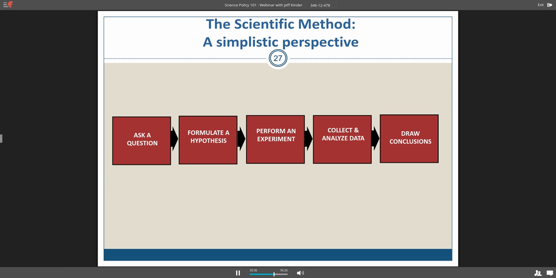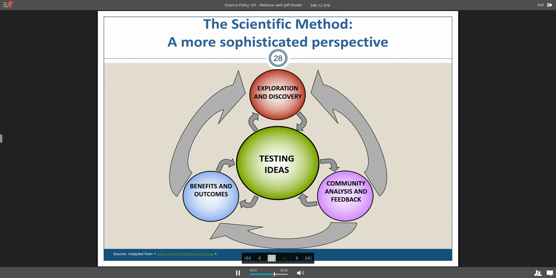That can lead to a very simplistic relationship where, for example, a minister may ask the scientists in their department a question and expect a fairly simple and straightforward process to lead to an answer.